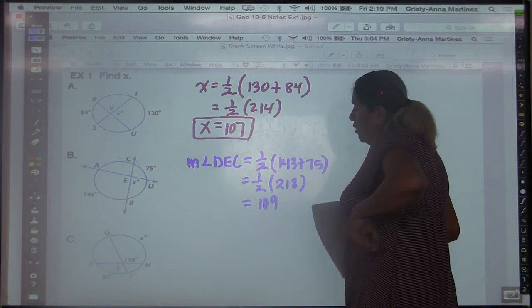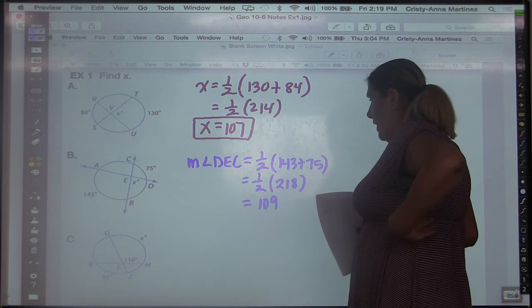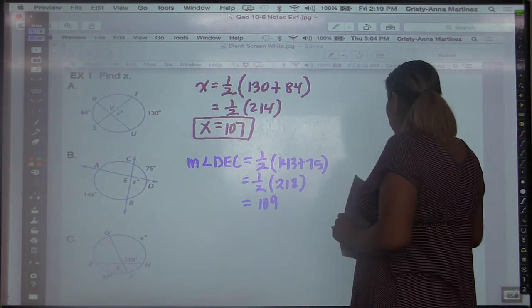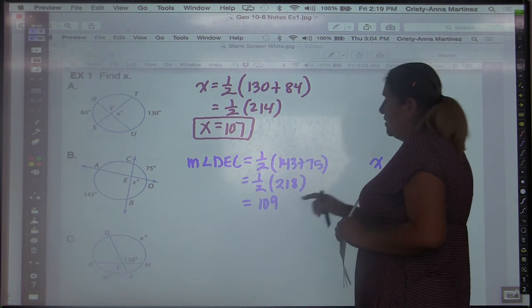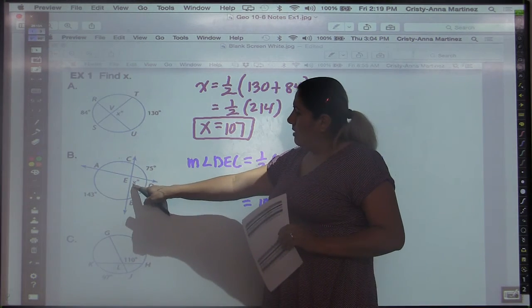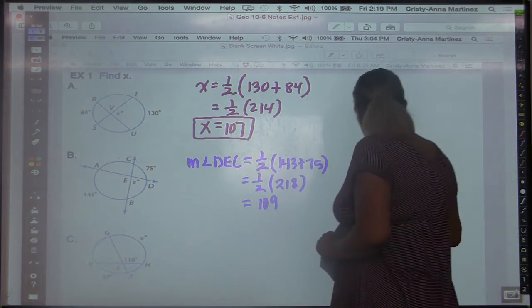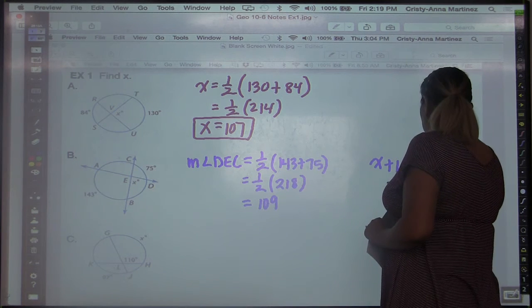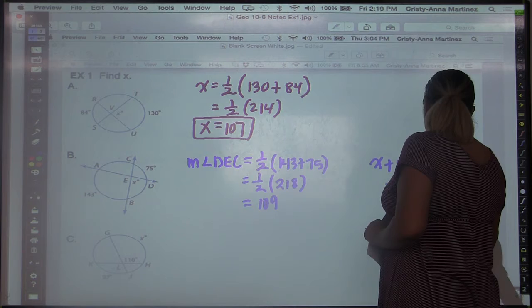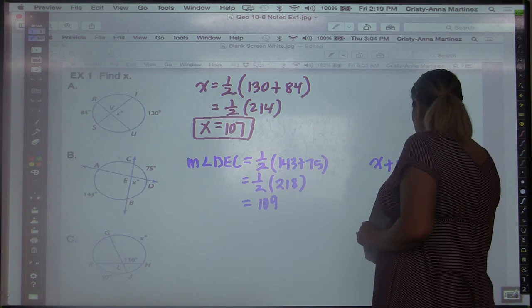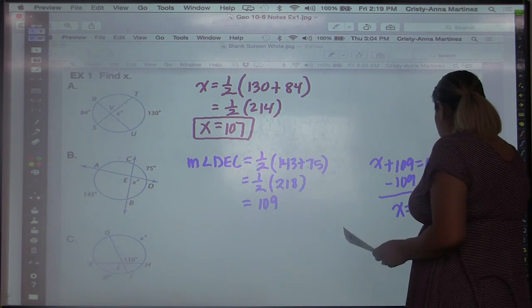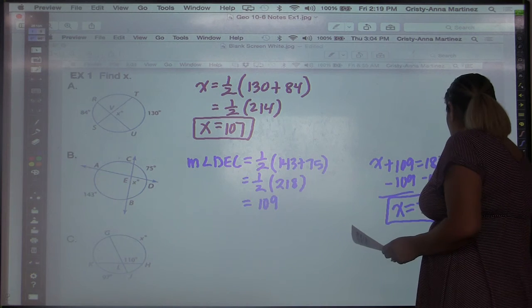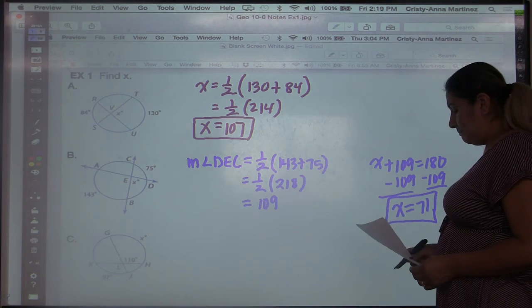So we know that angle DEC equals 109. That tells us that x, which is this angle here, plus the 109 should equal 180. If we subtract the 109, that leaves us with x equal to 71. And that's how we do part B.